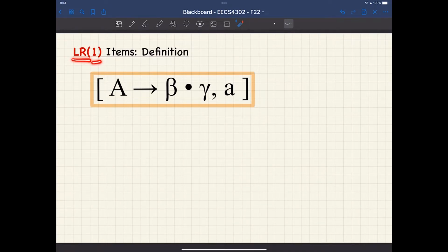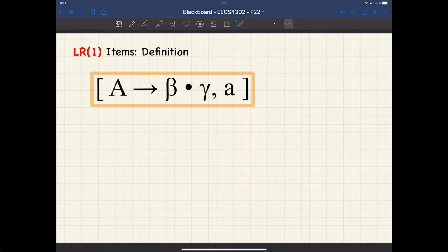Quick check. L? Anyone? Left to right, thank you. What about R? Rightmost derivation, which we just saw, right? How about 1? One lookahead, exactly. Thank you. Okay, just remember. It's a very easy question to definitely answer in the exam.